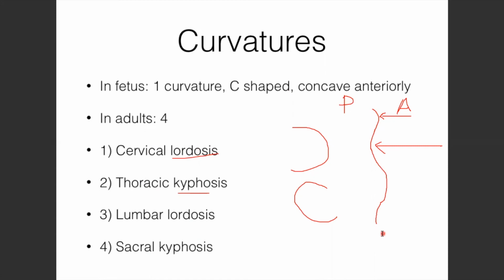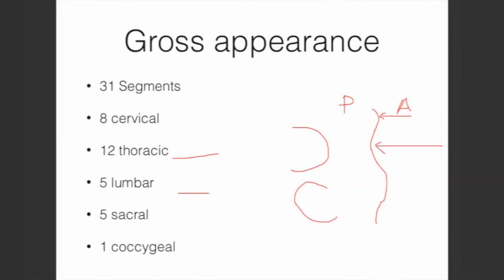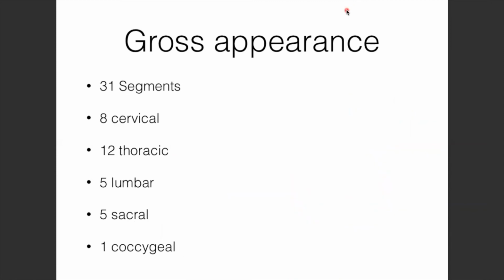So the spinal cord normally would have these 4 specific curvatures. Okay, so another thing about the appearance of the spinal cord is that عندنا segments، بنقسم السيجمنت هم 31 segments: 8 cervical, 12 thoracic, 5 lumbar, 5 sacral وواحدة coccygeal. All you gotta do is just know this.